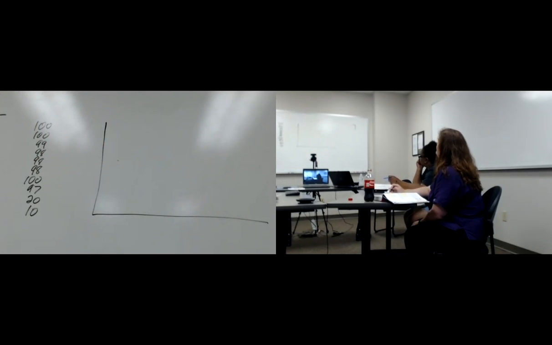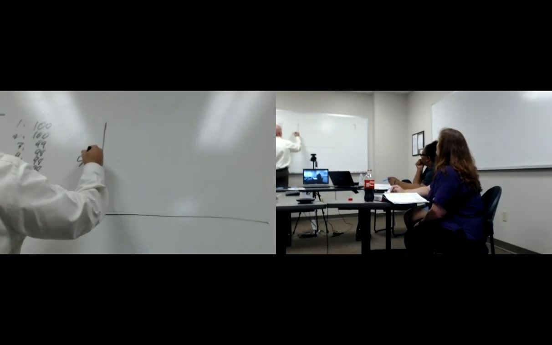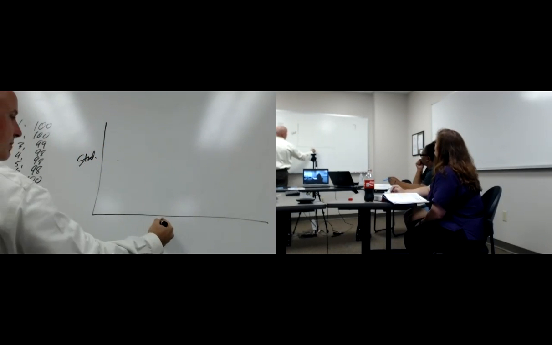Help me organize this. What's going to go on my vertical axis? Well, we don't have anything. We'll call this 10 students. So the students will go on that side, and then we'll put grade here.